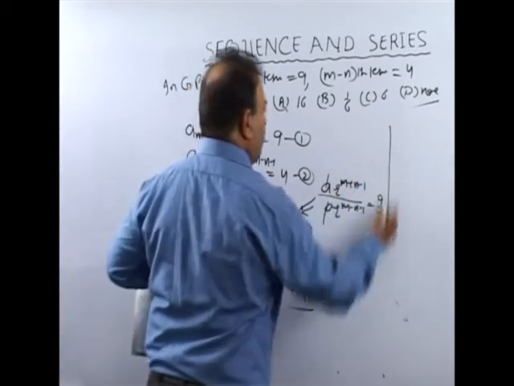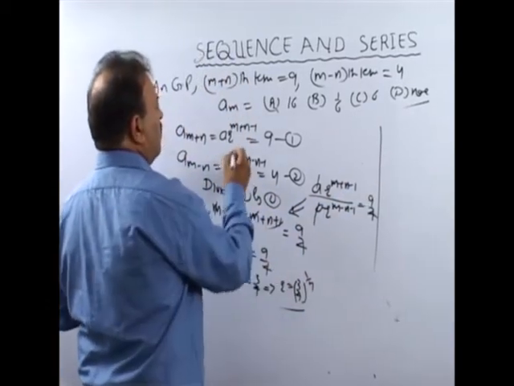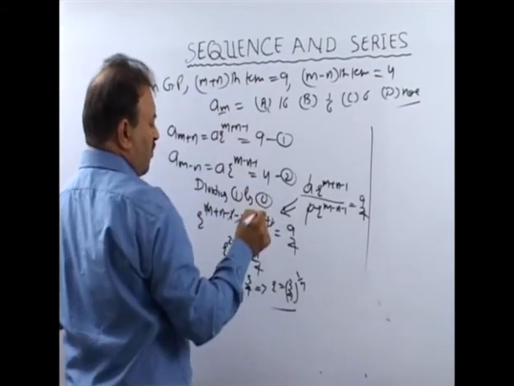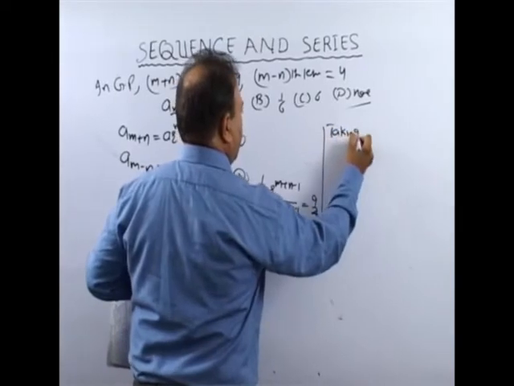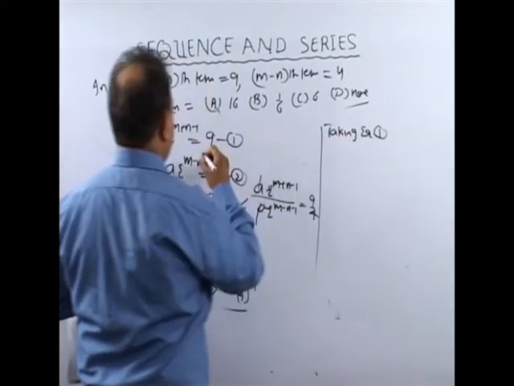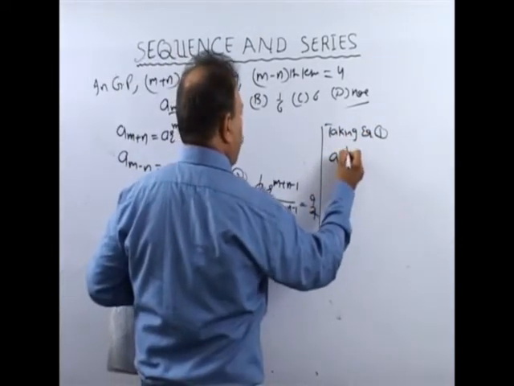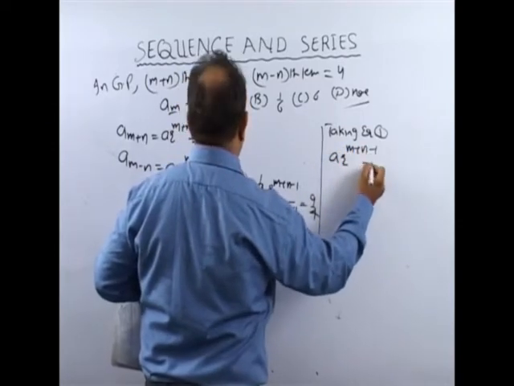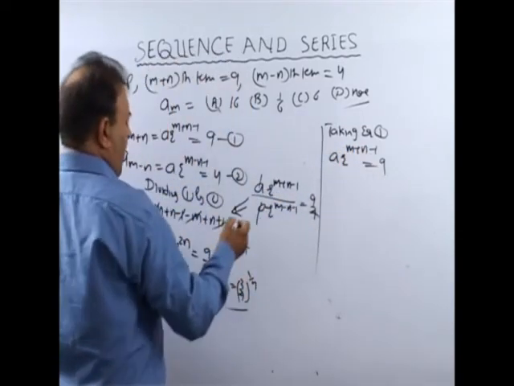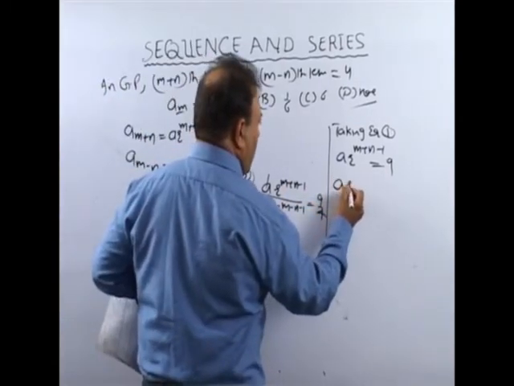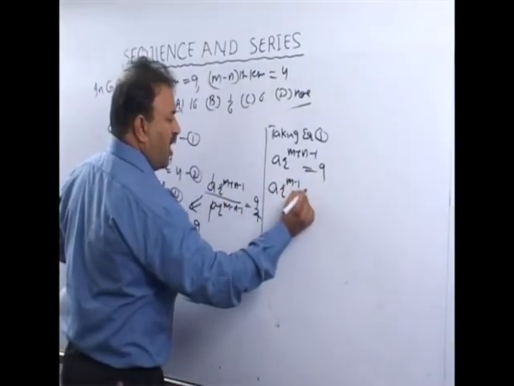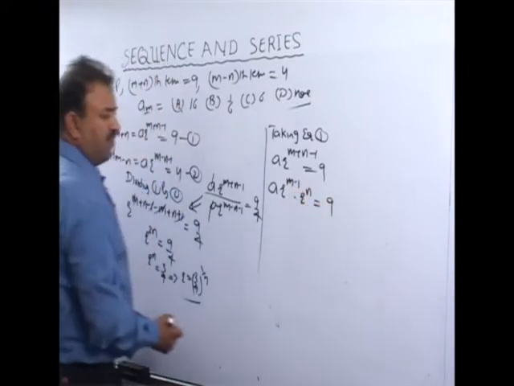Then we have to find out the mth term. Taking equation number 1, I got ar to the power m plus n minus 1 is equal to 9. What do we need? The mth term. ar to the power m minus 1 into r to the power n is equal to 9.